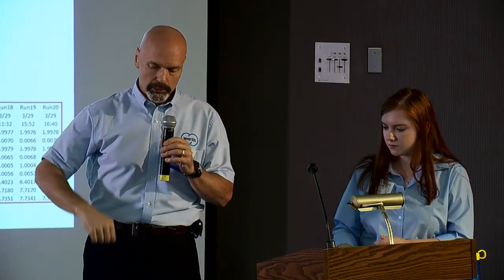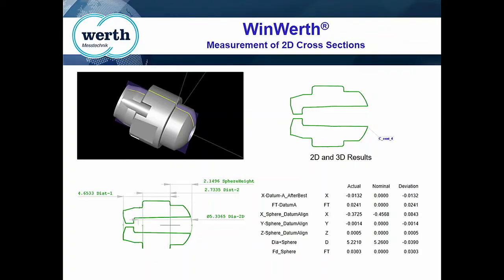Can you go back just quickly to the 2D measurement? I want to expand on the 2D measurement a little bit, because when you create a computer tomography image, you actually create a true 3D scan. There are no hidden features. It's not taking the outside contours.